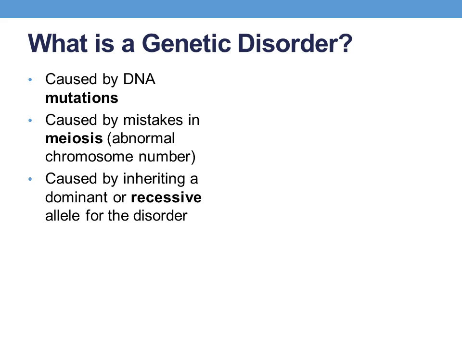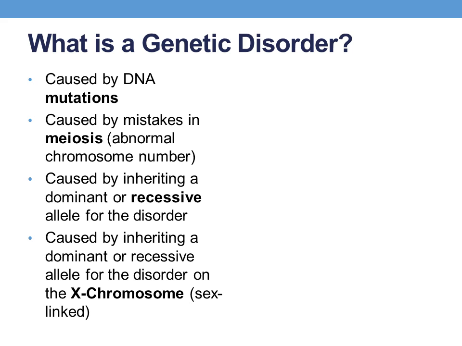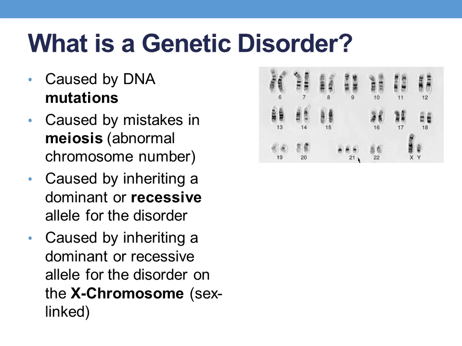So just like any genetic trait that we've been discussing, if someone inherits the dominant allele for a disorder or the recessive allele for a recessive disorder, they're going to inherit that disorder. And then the final one is caused by inheriting a dominant or recessive allele on the X chromosome, which is a sex-linked trait.